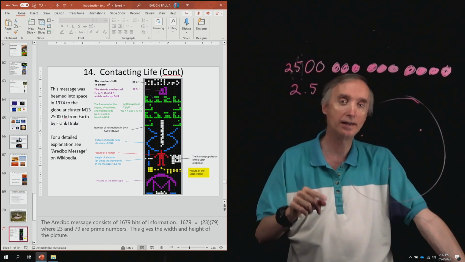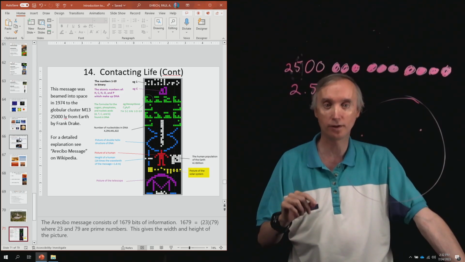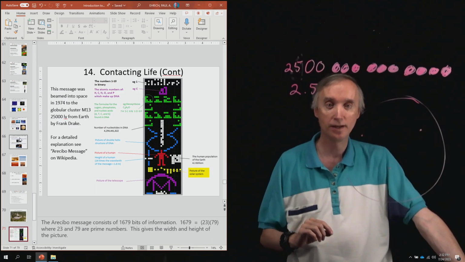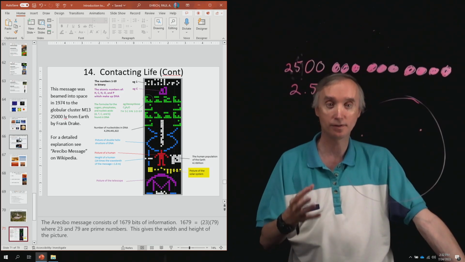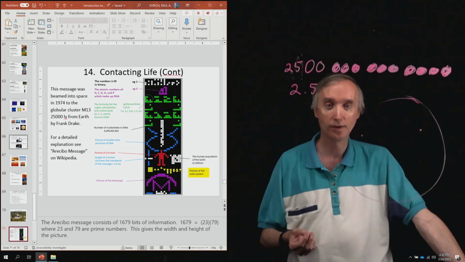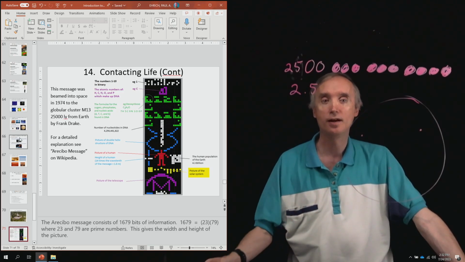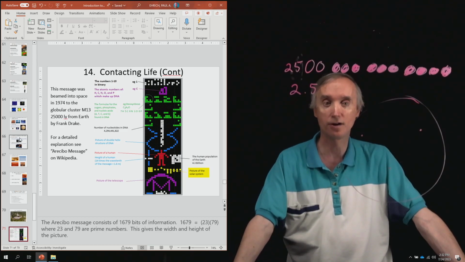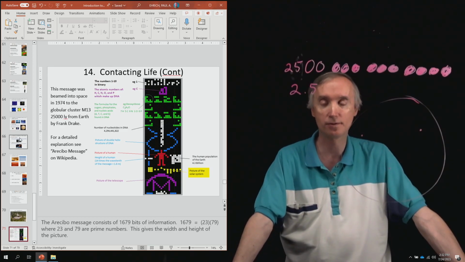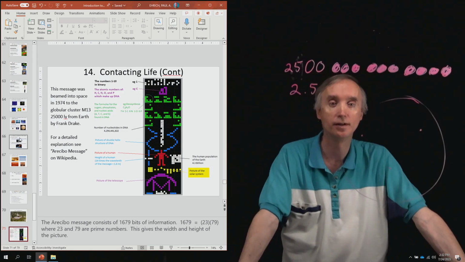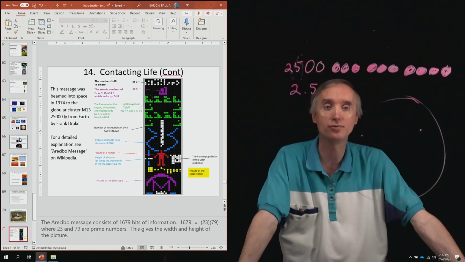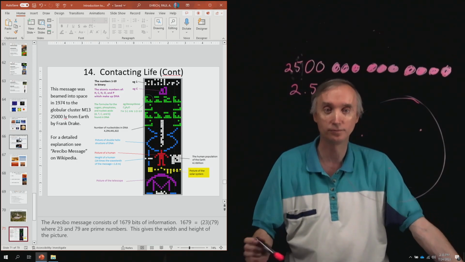Then underneath that, it gives you a picture of what a human looks like. It gives you the height of a typical human. It also tells you how many humans are on Earth. So it gives the population of Earth. Underneath that, it shows you a picture of the solar system.